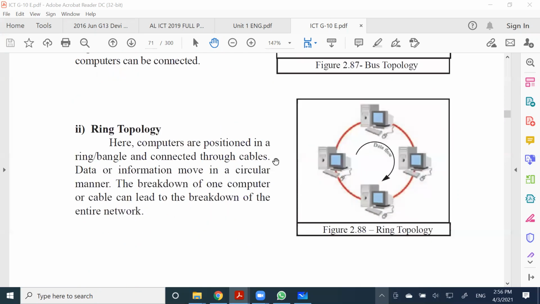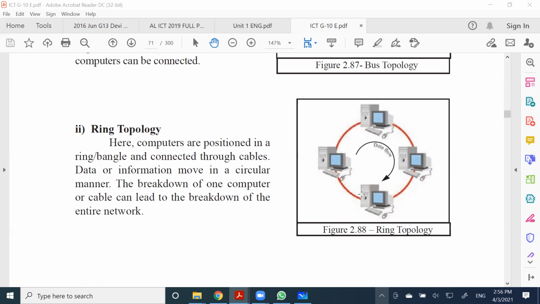And this arrangement is called the ring topology. So one computer is connected with the adjacent one, ළඟම තියෙන දෙන්නෙක් එක්ක, right? So if you need to send a message, it goes in a ring manner, right?